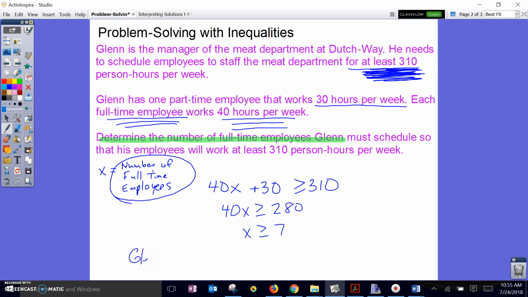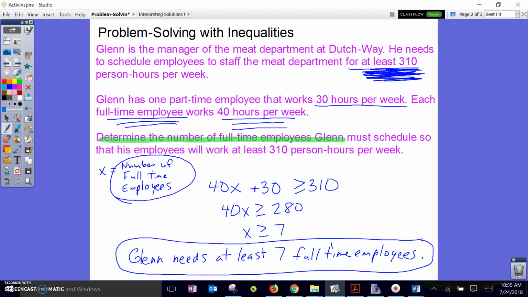So I'm now going to answer my question. Glenn needs at least 7 full-time employees. And now we've solved that problem using these techniques.